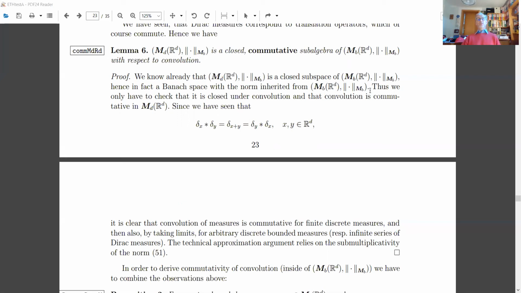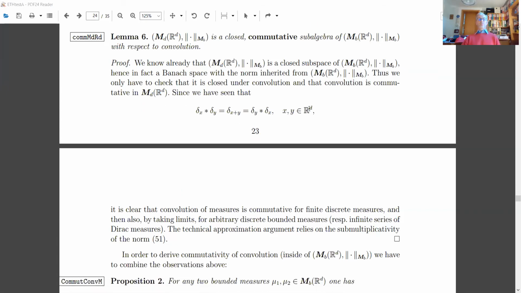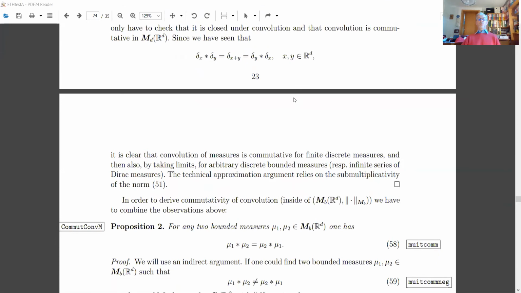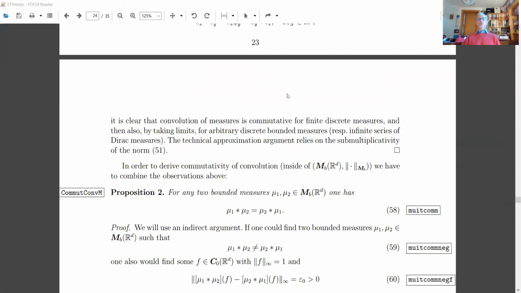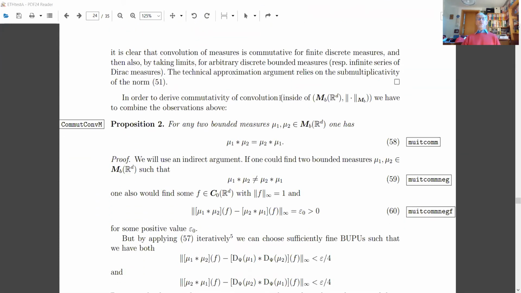We have also seen that if you let xn go to 0, delta xn minus delta 0 has norm 2, because it's two different Diracs, one with coefficient +1, the other -1. And the sum of those two absolute values is always 2, even if the xn is very, very close to the original limit 0.